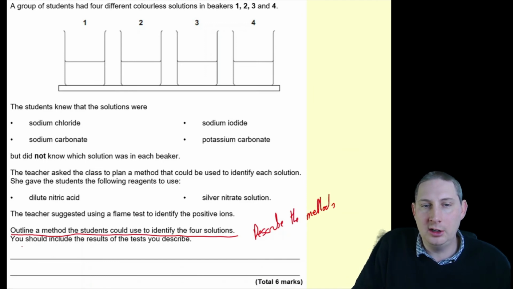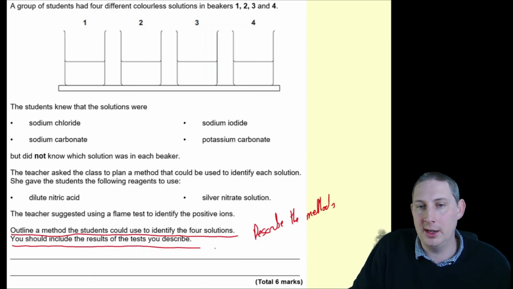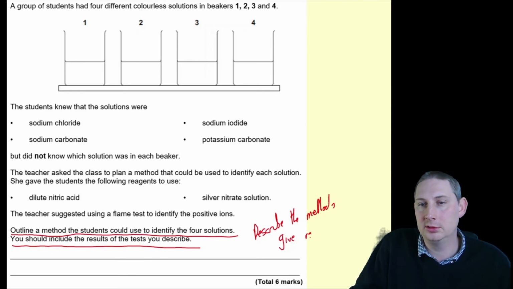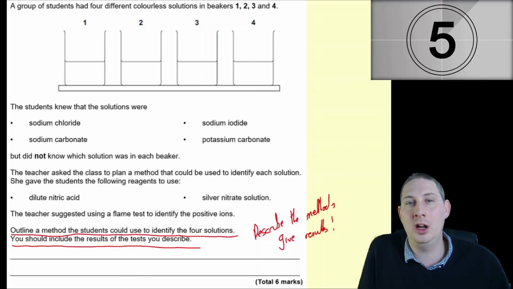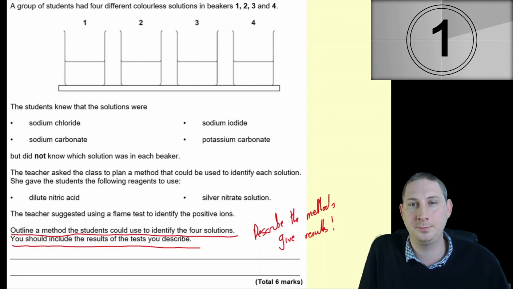You should include the results of the tests that you describe. Okay, so give the results as well. So pause the video, outline how you would identify these 4 solutions. You have 6 minutes.